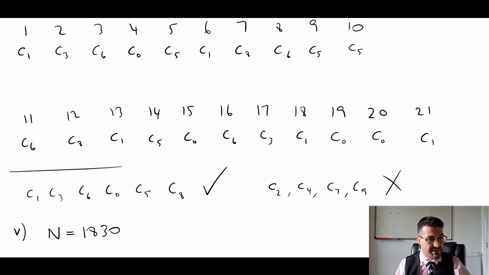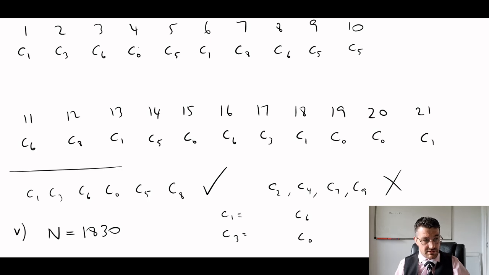So I need to keep that up on the screen here. So let's write it out here. So we've got C1 to C8 that we need to account for. C1, C2, not C2, sorry, C3, C6, C0, C5, and C8.